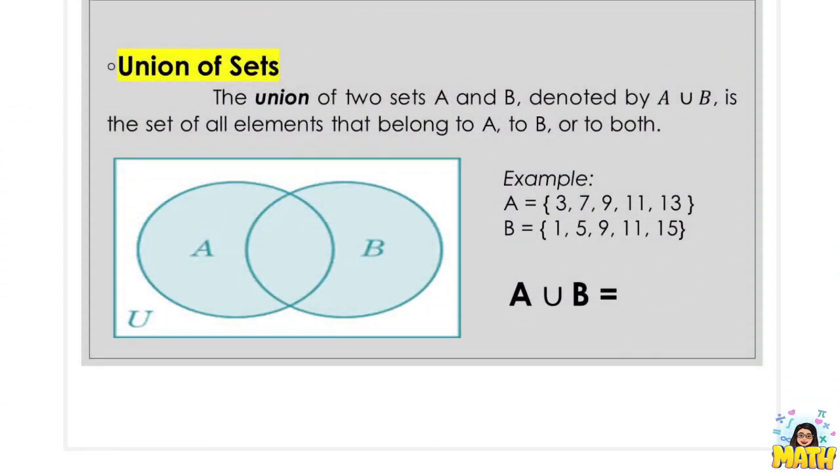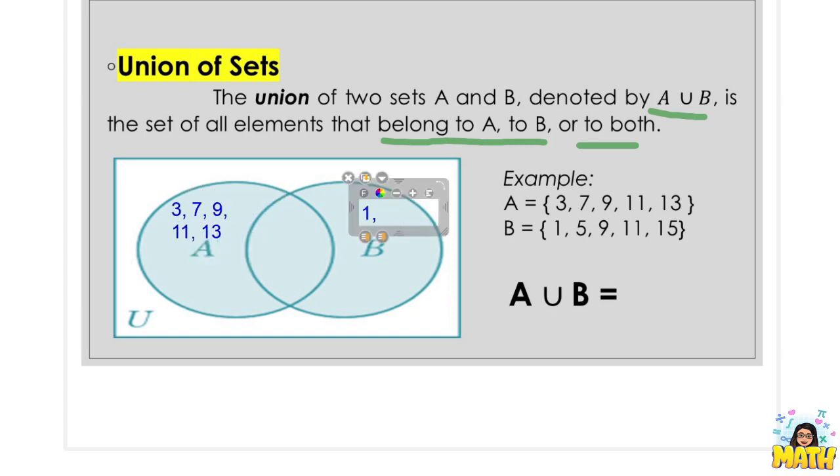Next, let's have the union of sets. The union of two sets, denoted by this symbol, A union B, is the set of all elements that belong to A, to B, or to both, which means we need to unite and combine all the elements of A and B. So we can have 3, 7, 9, 11, 13, and 1, 5, 9, 11, and 15.